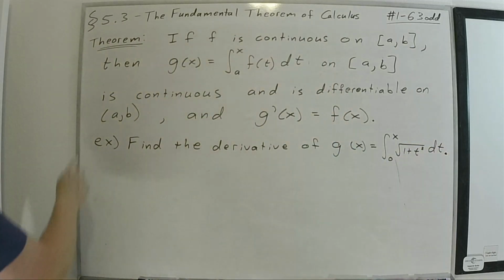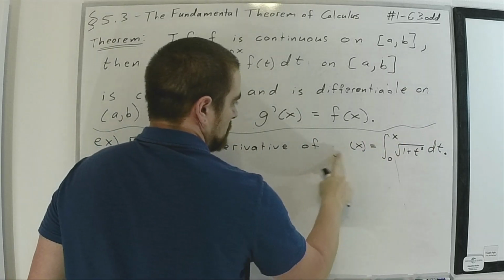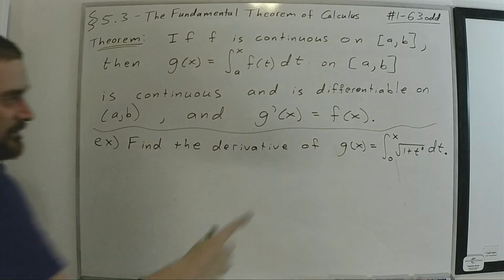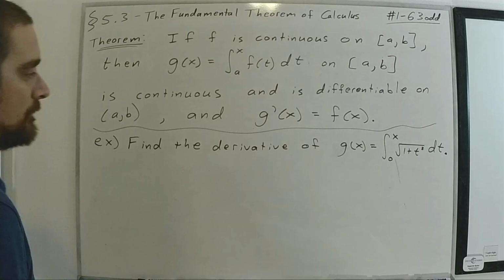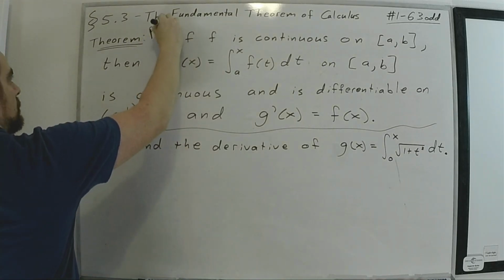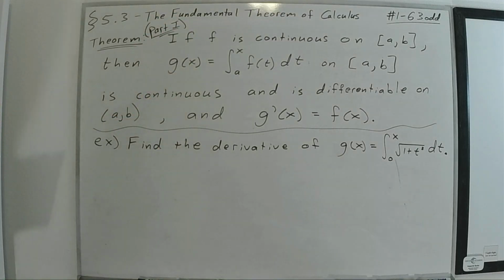All right, so let's say we want to find the derivative of this function g of x. If I want to find this derivative, then all I have to do is differentiate this using the fundamental theorem of calculus. And again, in this case, this is part 1 of the fundamental theorem of calculus. There's a second part coming later.